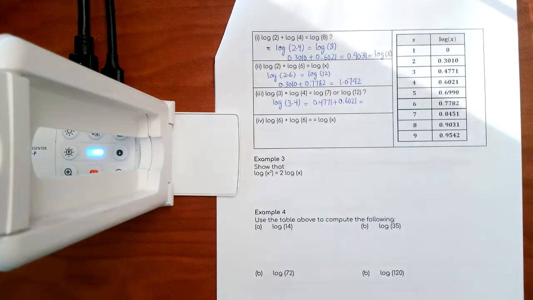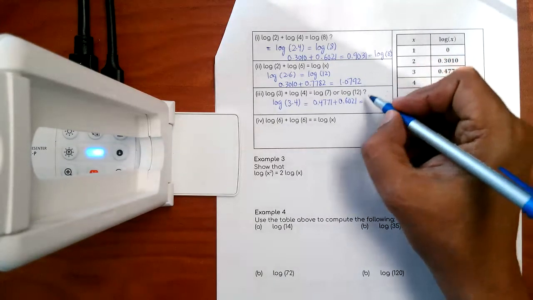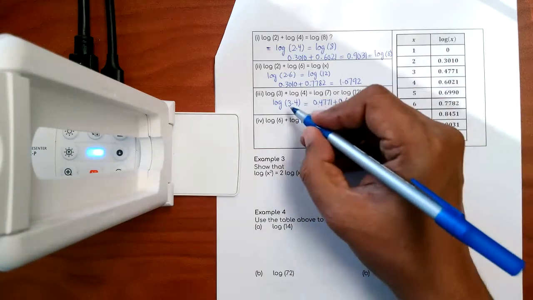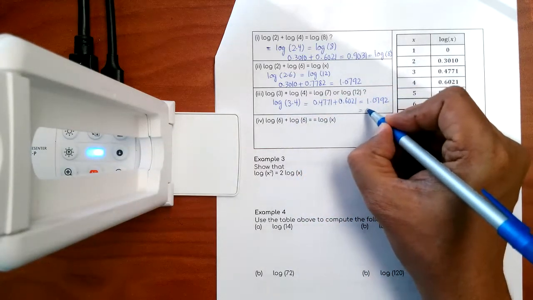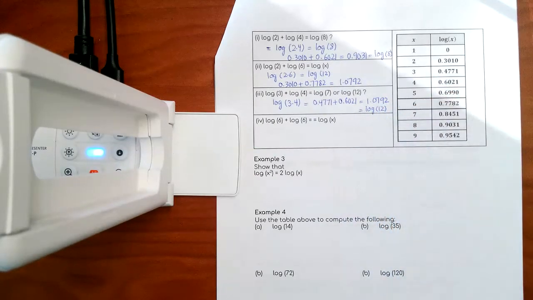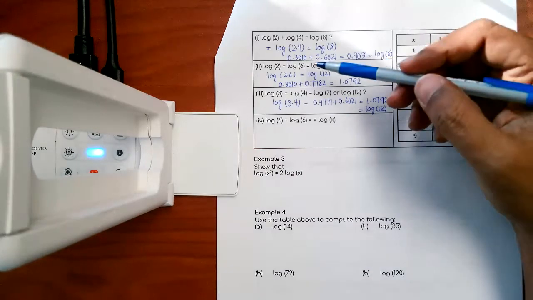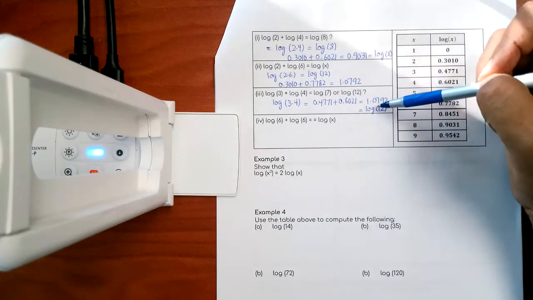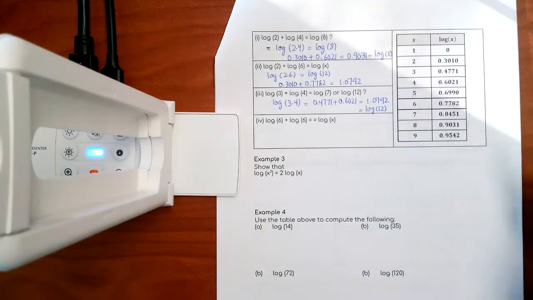So when we add them, we will get 1.0792. So you can see that it is equal to log of 12. So whether you have 4 times 3 or you have 2 times 6, the value of the log, being log of 12, is the same in both cases.